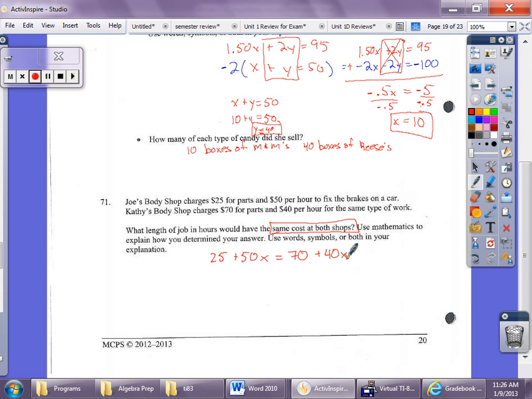We have x's on both sides, so I'm going to subtract 40x from both sides. So 20 plus 10x equals 70. Subtract 20: 10x equals 50. Divide by 10. x equals 5. So they'll be the same after 5 hours.